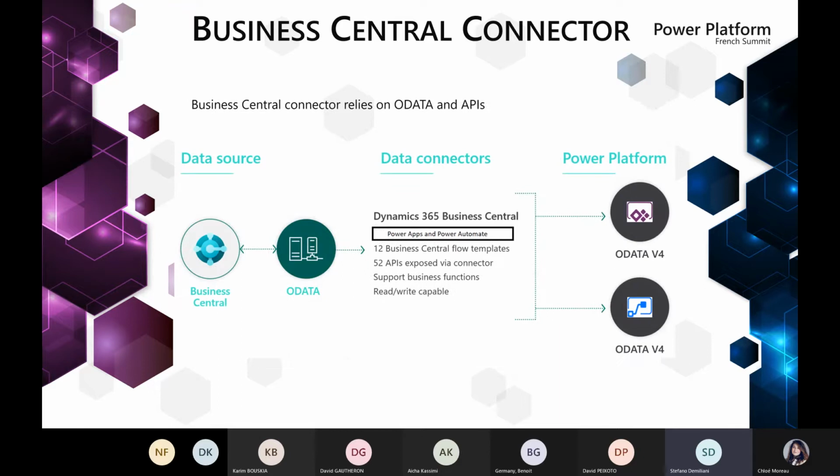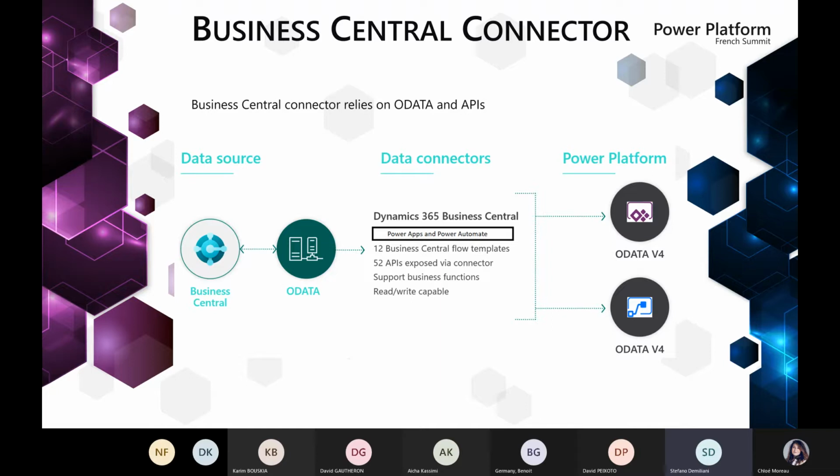The Business Central connector relies on OData and APIs. So what you see from Business Central is not the entire database, but only entities exposed as OData, so as APIs. By default, the standard connector relies on some default entities that the standard platform exposes to you, actually 52 entities exposed via this connector.